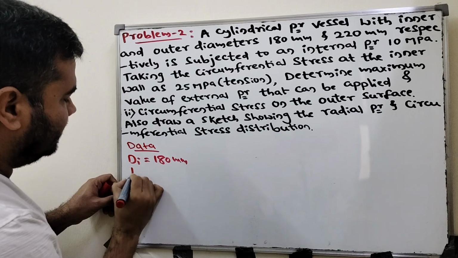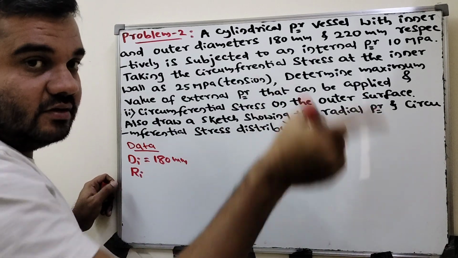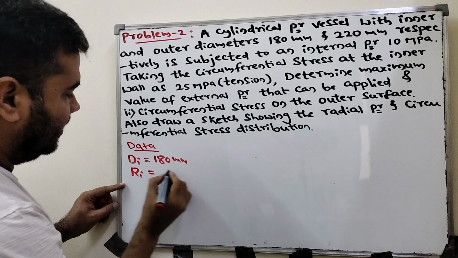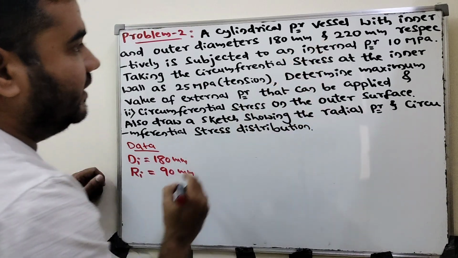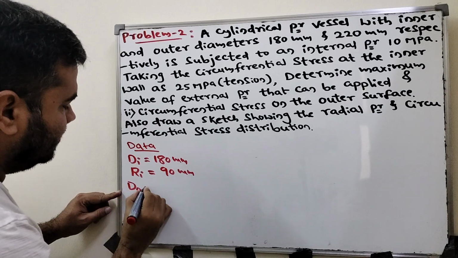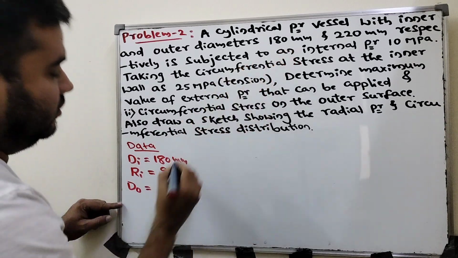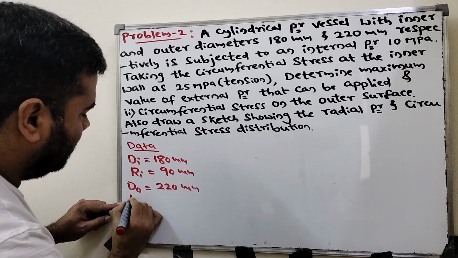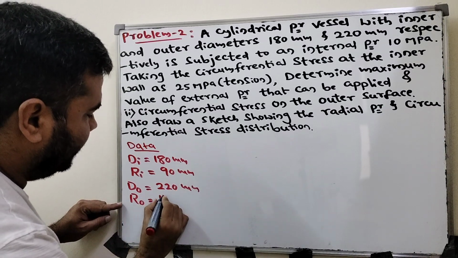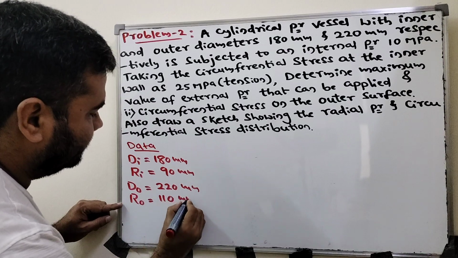Therefore, we want the radius to draw the sketch, so Ri is 90 mm, right? And outer diameter d naught equal to 220 mm, therefore R naught is equal to 110 mm.